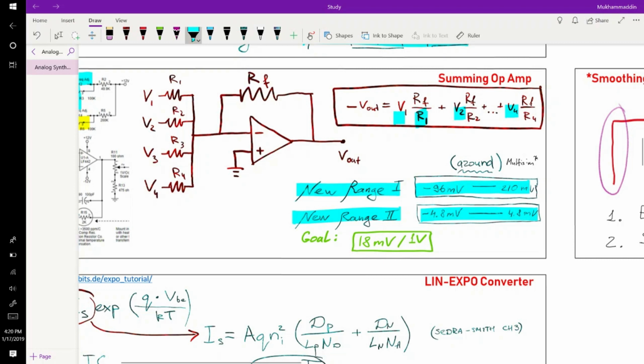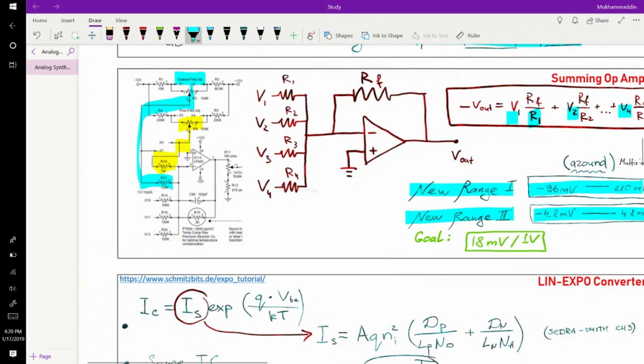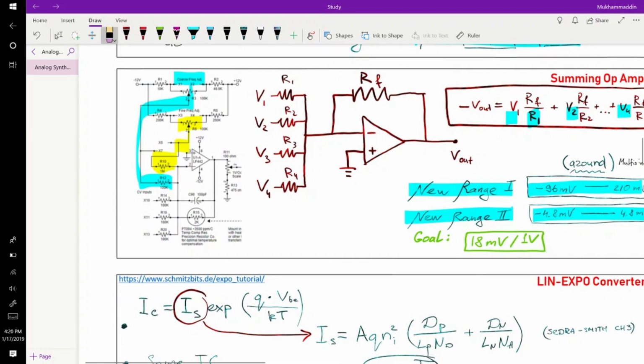Now, it's actually the range. The actual range is going to be a little smaller than this. Why? Because if you look carefully at this diagram, then you will see that there will be some current flowing from this node into here and into the op amp, and the same is going to be with the fine frequency adjustment.